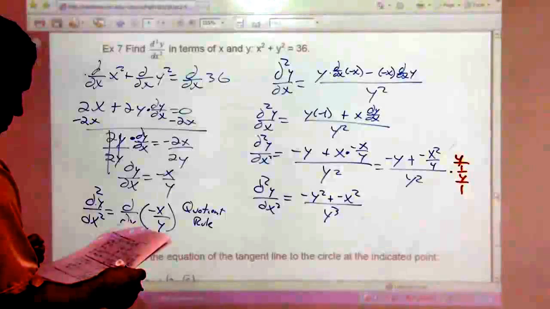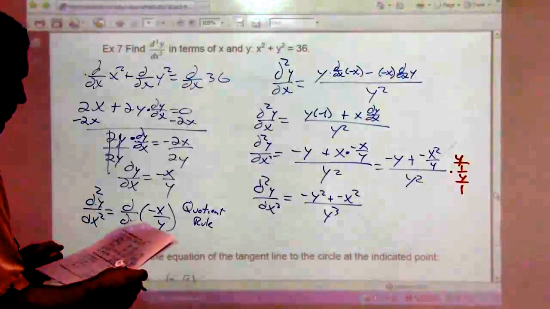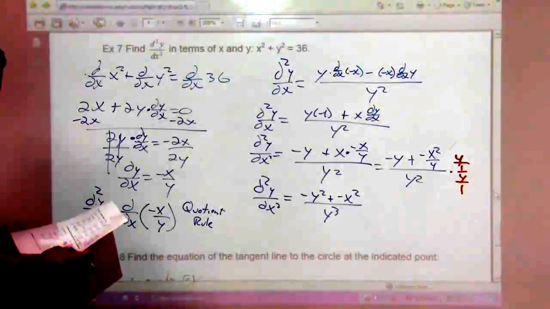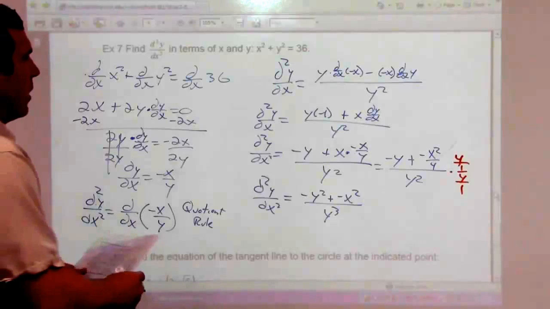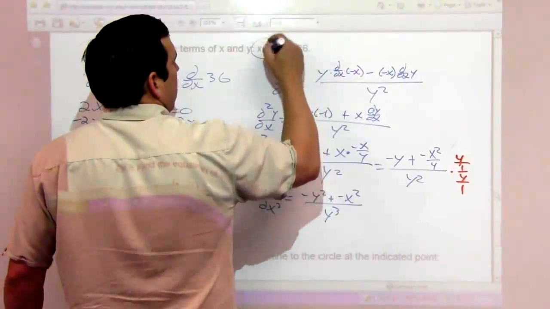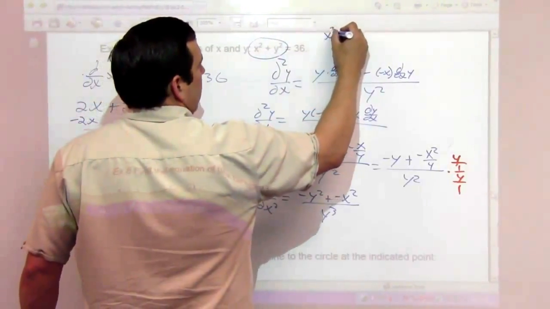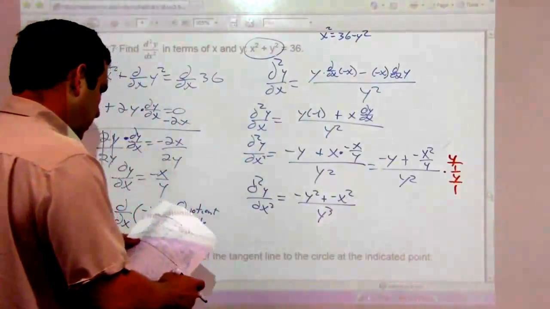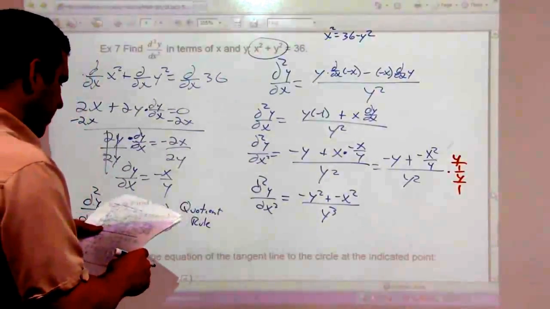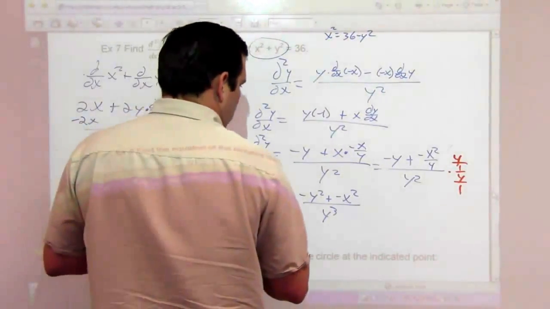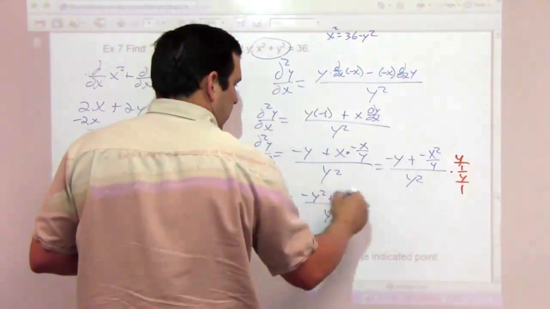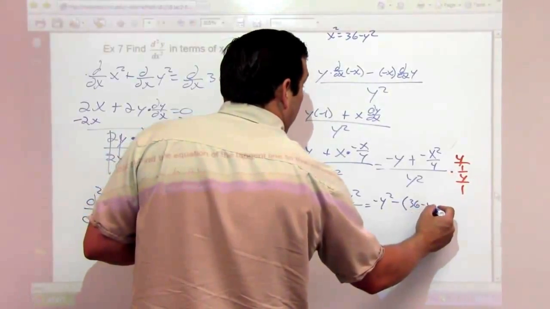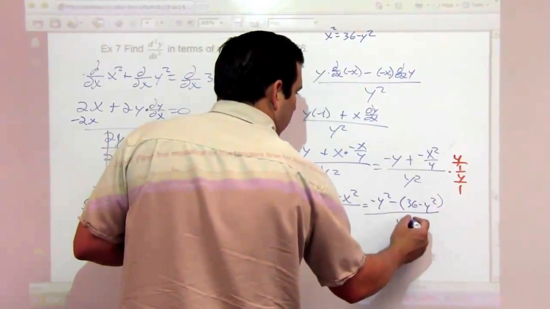We could leave it like that if we'd like. Notice though that we have x squared plus y squared is 36. That means that x squared will be equal to 36 minus y squared. If I took this and put it in place of the x squared, negative y squared minus 36 minus y squared over y cubed.